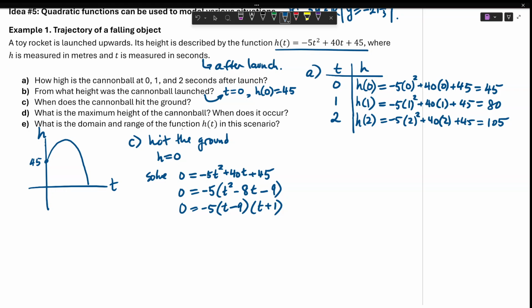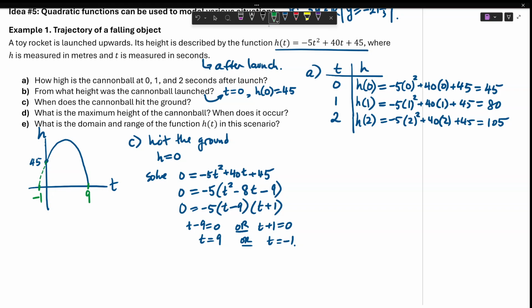Now to solve this, we're going to say either t minus 9 is equal to 0 or t plus 1 is equal to 0. That tells us t equals 9 or t is equal to -1. Now, clearly, if you think about it, the rocket only hits the ground once. So what's happening here? Well, t equals 9 is the answer that we want. Where does this -1 come from? That's as if you would extend the trajectory backwards if we're being launched from the ground.